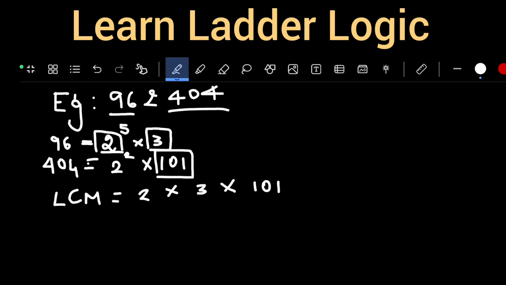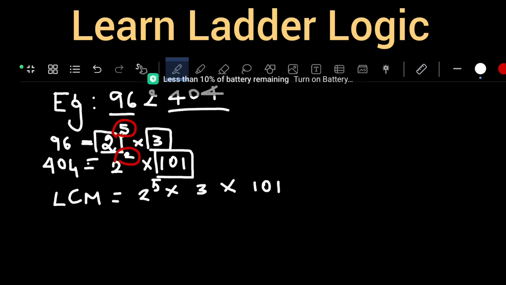Now, I'll see the highest power that number has in the question. Here you can see in 96, it is 2 to the power 5, right? And in 404, it is 2 to the power 2. Which is the highest power? Number 5 is the highest. So I'm just writing 2 to the power 5.